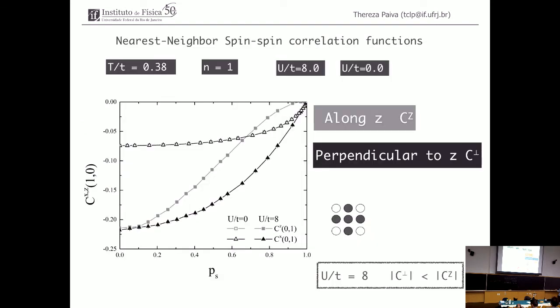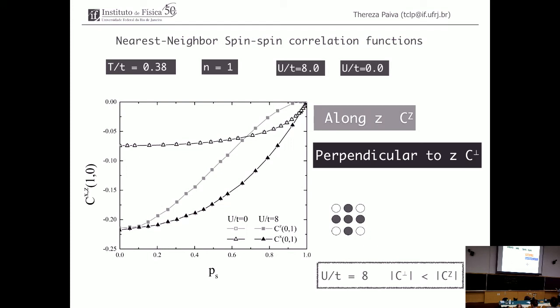So this is theory only for the X and Z near neighbor correlation. I take one side and I look at the 4 near neighbor correlations. And here we have U equals 0. We don't see any difference between X and Z correlations.